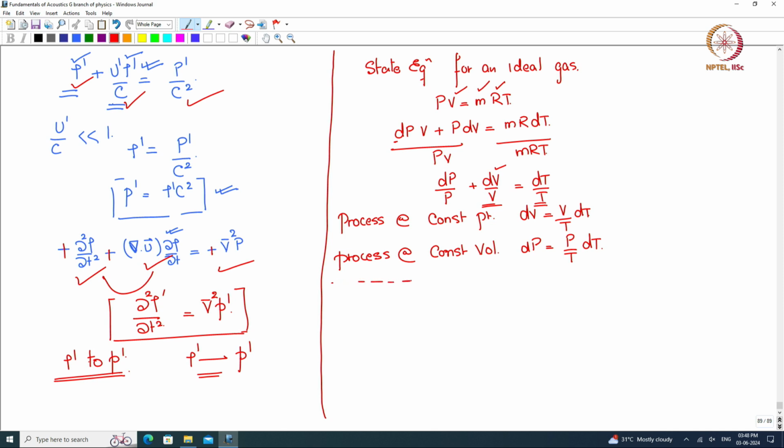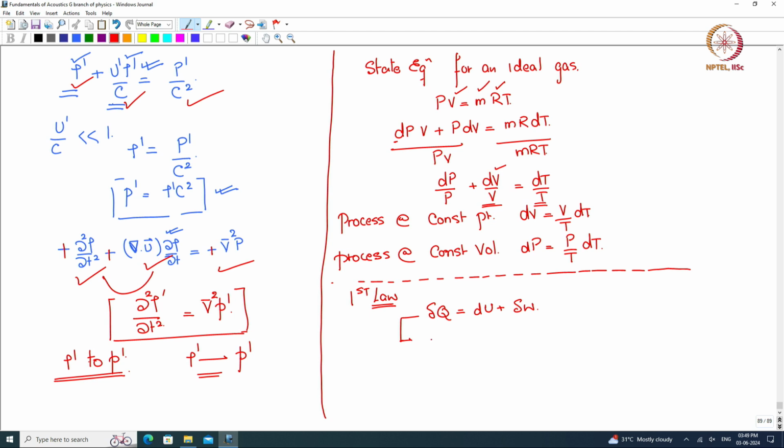Now if we write the differential equation for the first law, for a fixed mass of a gas, we have delta Q is equal to dU plus delta W. Now we can go one or two routes. I will take a particular route here.